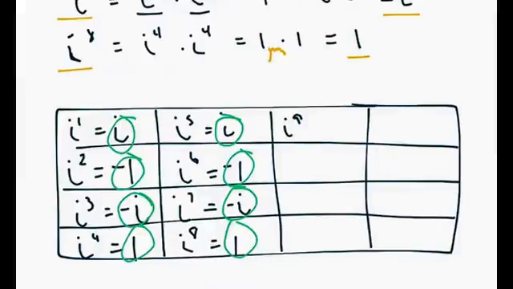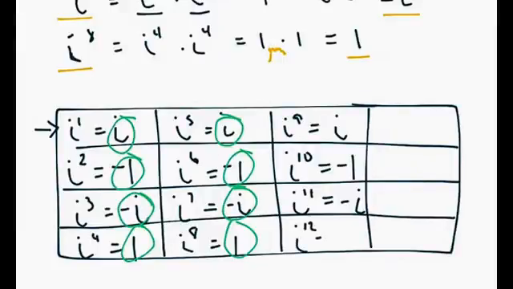Okay, so I'm going to assume that i to the 9th is also going to equal i, because everything on this row is equaling i. I'm going to assume i to the 10th is going to equal negative 1, i to the 11th is going to equal negative i, and i to the 12th is going to equal 1.